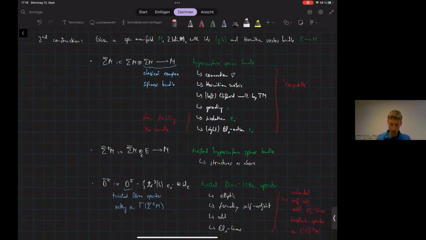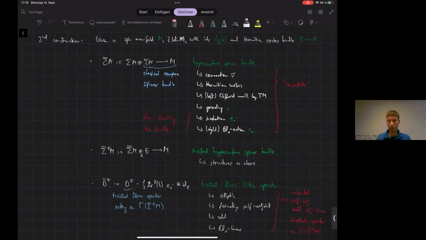Namely, we subtract twice times the mean curvature, and this is multiplied with this endomorphism E0 dot that I introduced above. And this is what we subtract here. So it's the Dirac operator, but with a zero order perturbation of the twisted Dirac operator. This is this twisted Dirac-Witten operator.